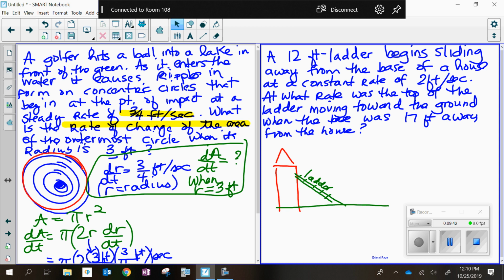So what do we got going on here? A 12-foot ladder. As it slides away, is it going to change size? No, so then I'm going to put 12 on here, because that is not going to change.